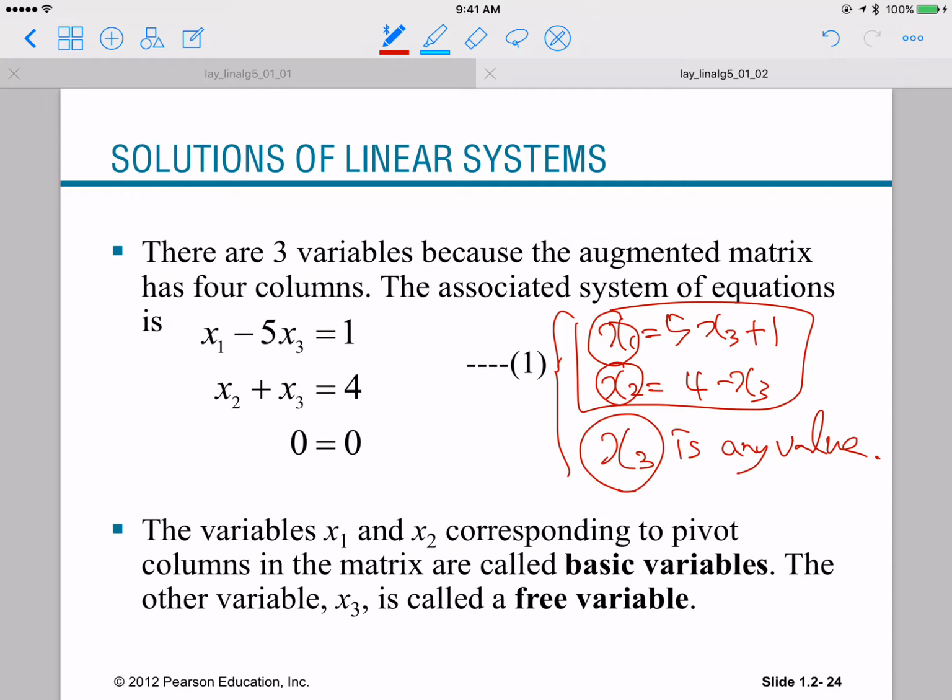Those variables are called basic variables. So basic variable and free variable are the important classification of your variables into 2 different types.